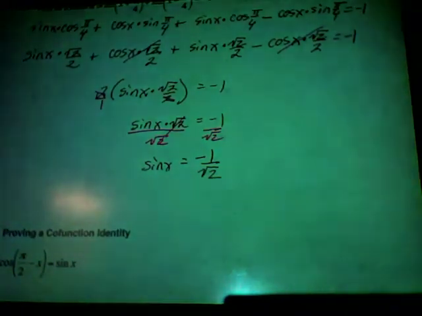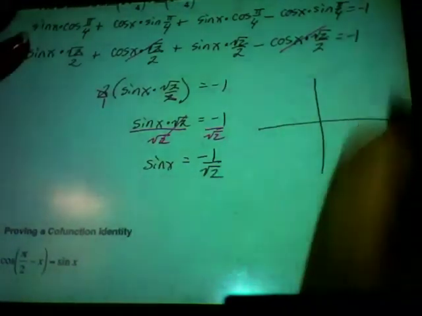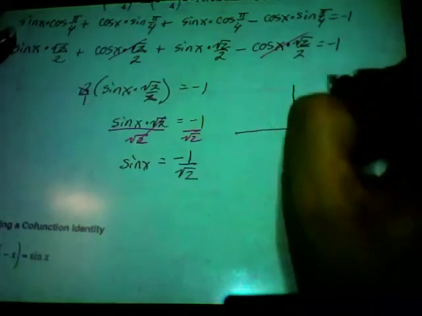So sine of x is equal to, and I'm going to leave it unrationalized because we're going to use our special right triangle. Don't we recognize that that's one of our special right triangles? So for here, I want to leave it unrationalized. Now, sine of x is negative. Where is sine negative?